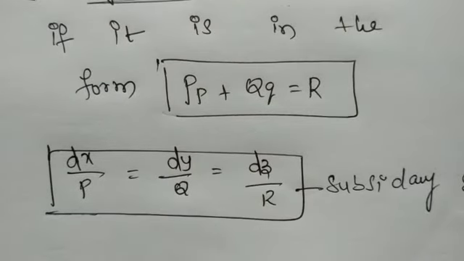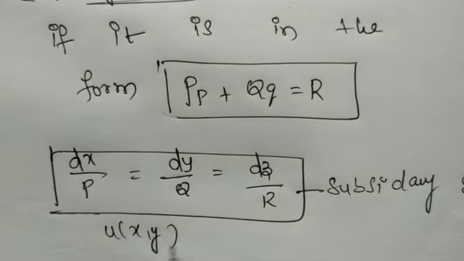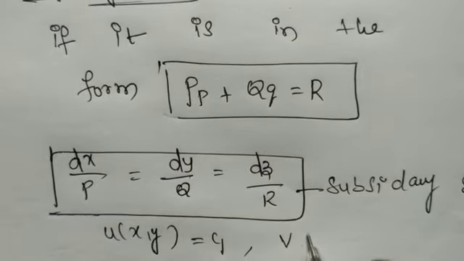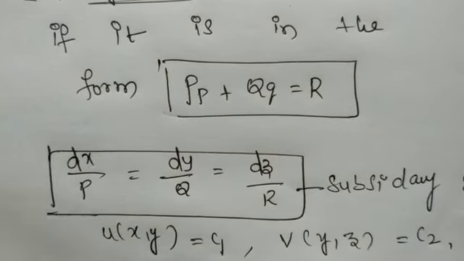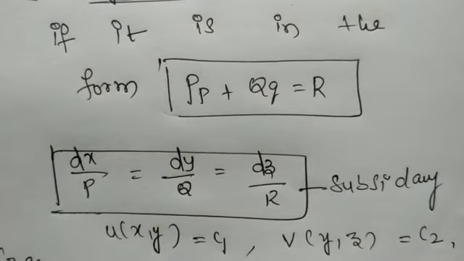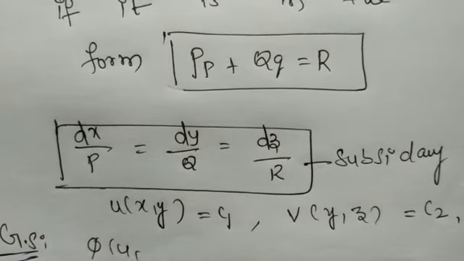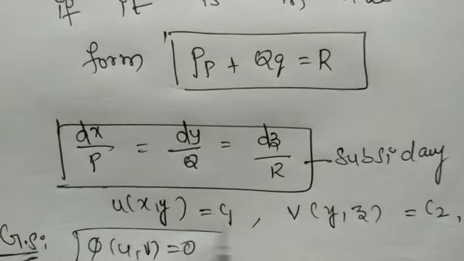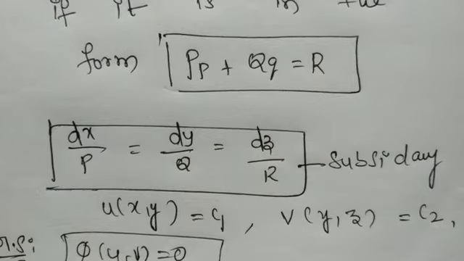Solving this equation, we get u of x comma y equal to c1 and v of y comma z equal to c2. Therefore the general solution of Lagrange's differential equation is phi of u comma v equal to 0. This is the general solution of Lagrange's linear differential equation.